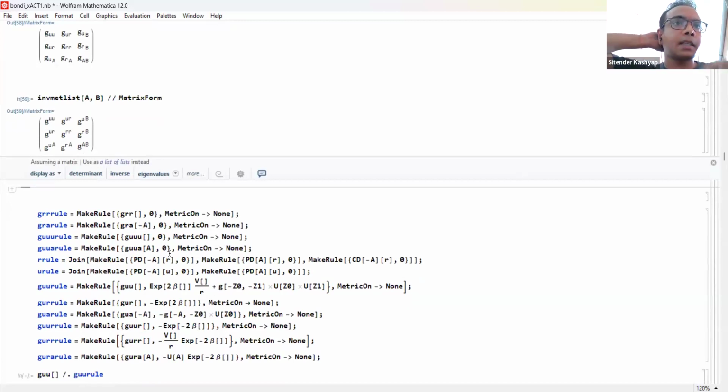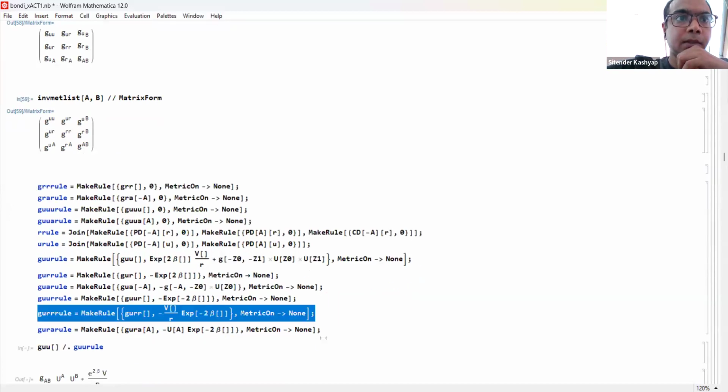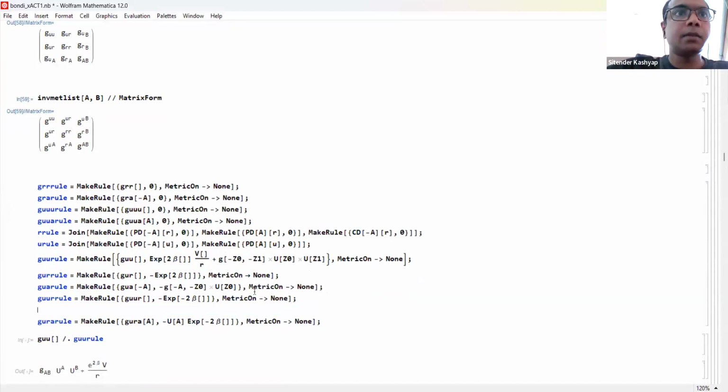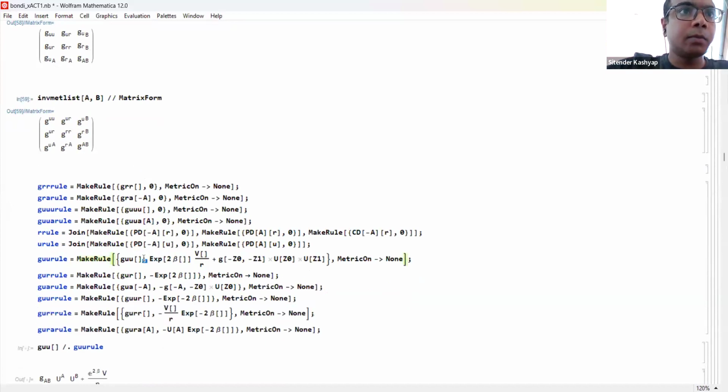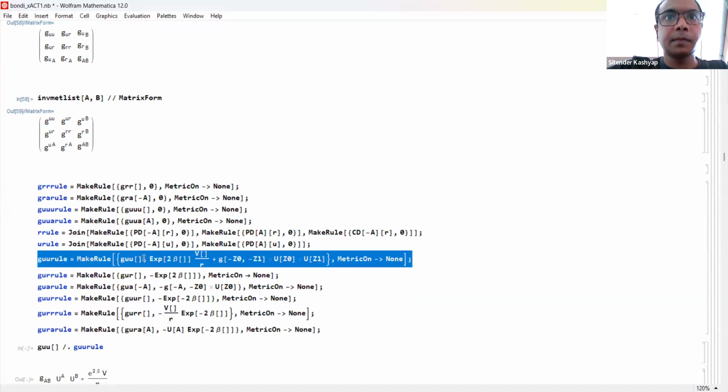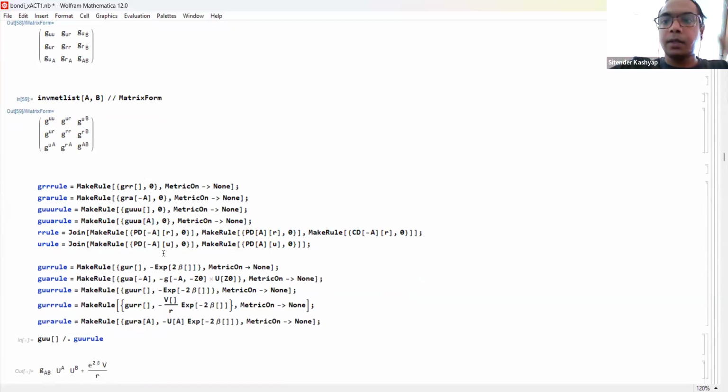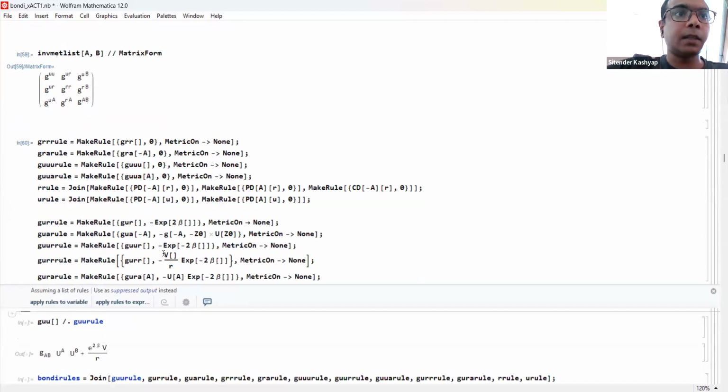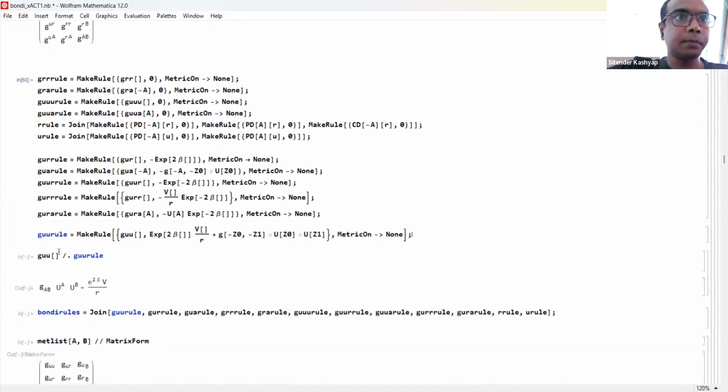Now there is another command called MakeRule in xAct. Let's take a more complicated example. The syntax is like this: MakeRule, and then we have a curly bracket.